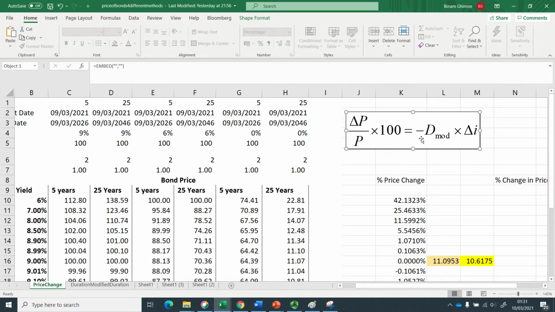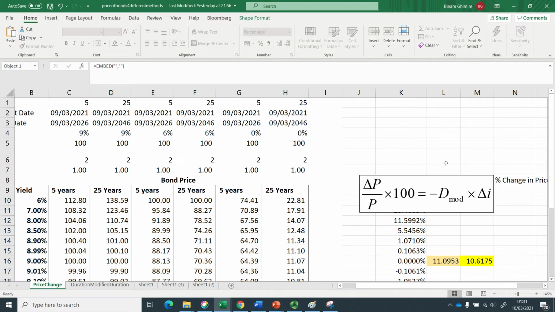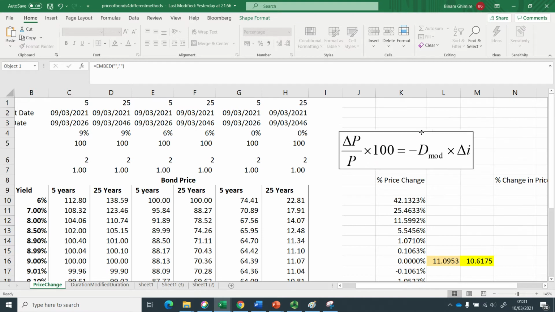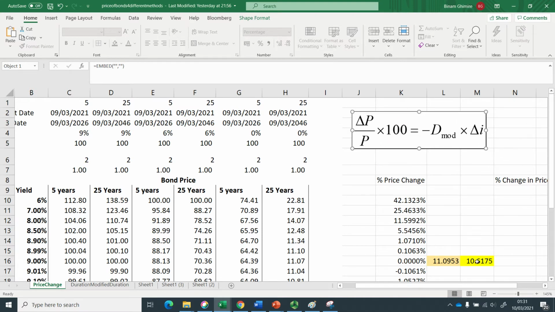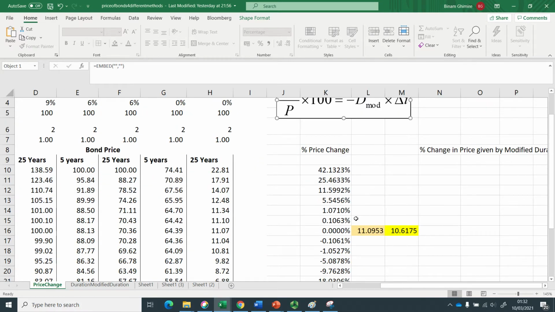The percentage price change is a function of negative modified duration times the change in yield. So this is saying that with the help of modified duration, you can find out the volatility in the price of a bond. Let's see if that is correct.